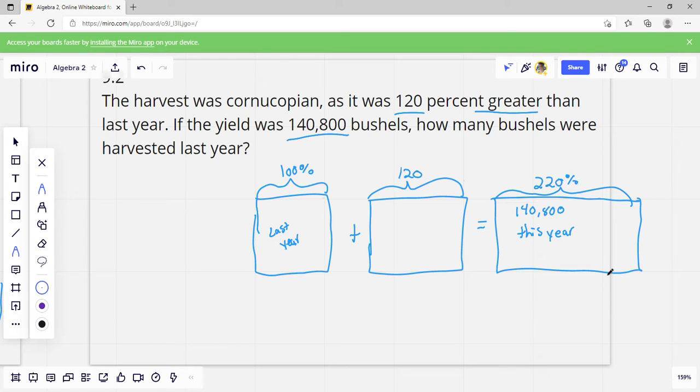So, 220. All right, so all we have to do is take this number and divide it up to see what 1% is, right? So if we've got 220% equals 140,800, we want to find out what 1% is. We just divide by 220.